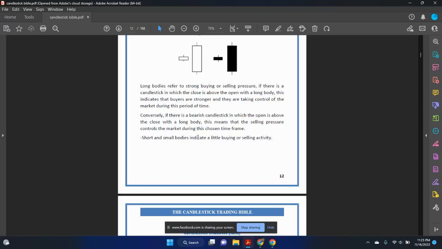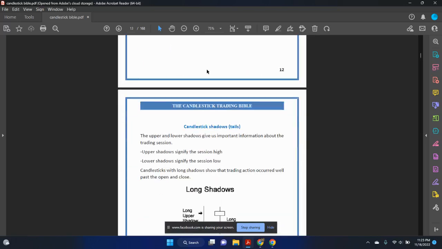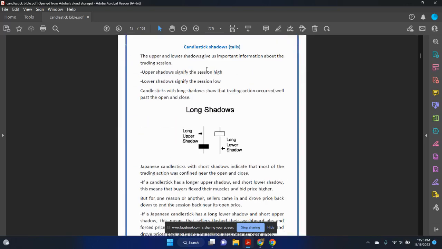Short and small bodies indicate little buying or selling activity. So the small ones have little buying and selling activity. These longer ones mean there's some pressure. They're putting pressure on it. Candlestick shadows, or the tails or wicks or whatever you call them, the upper and lower shadow, give us important information about the trading session. Upper shadows signify the session high.